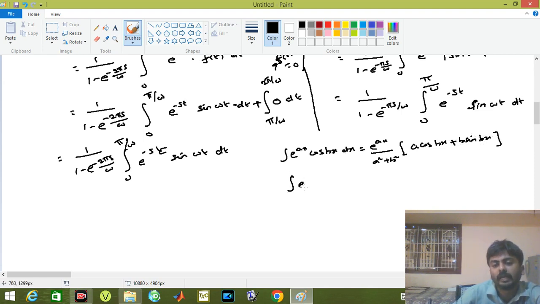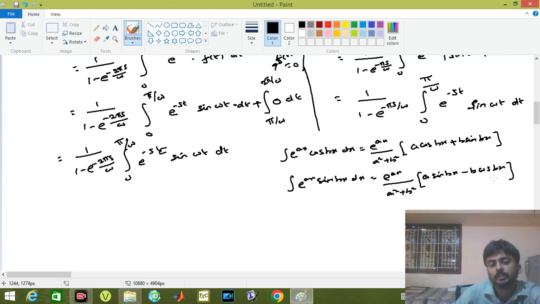If you are having sine, the integral of e power of ax sin bx dx equals e power of ax by a square plus b square into a sin bx minus b cos bx. These are the fundamental formulas for sine and cos multiplied with e power ax. Here we have e power ax with sin bx format, so we are going to use this formula.